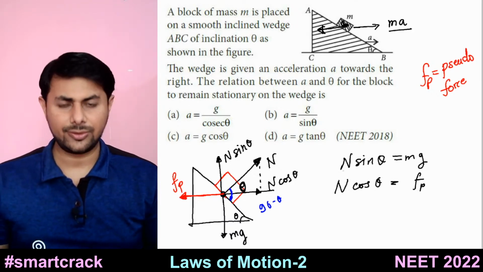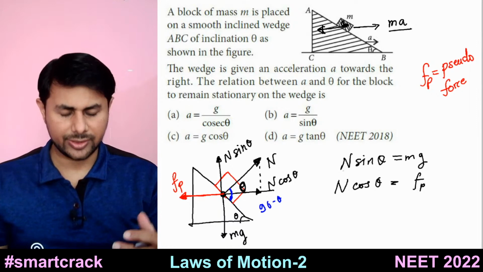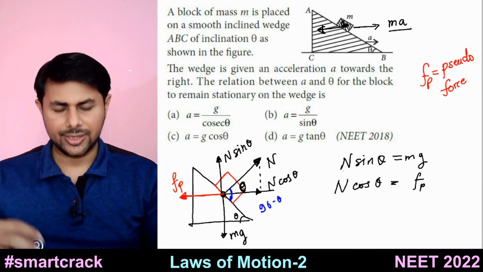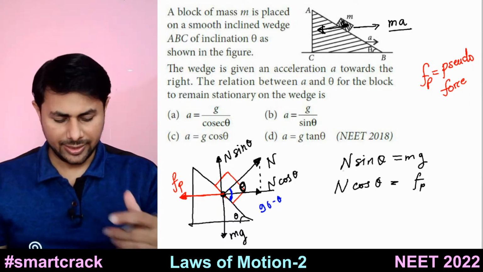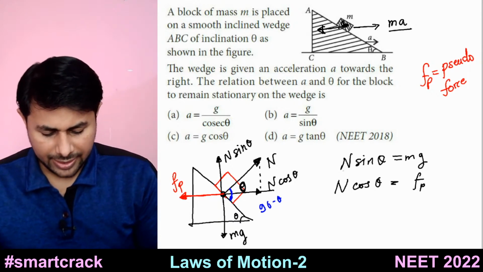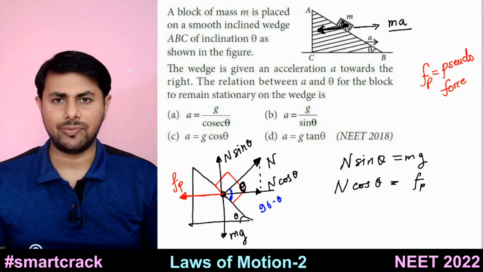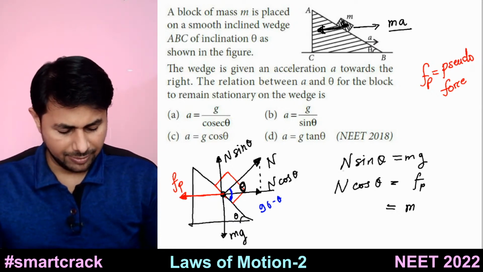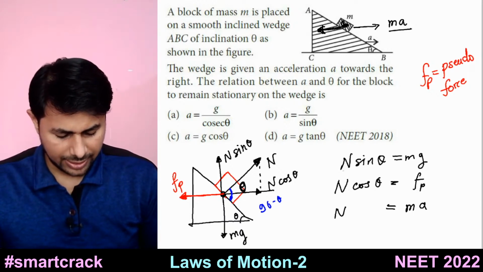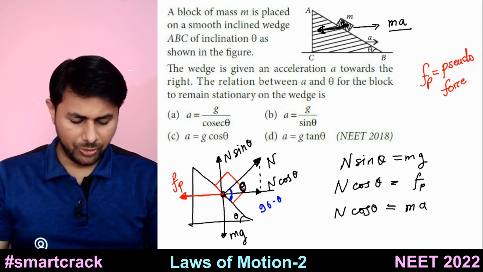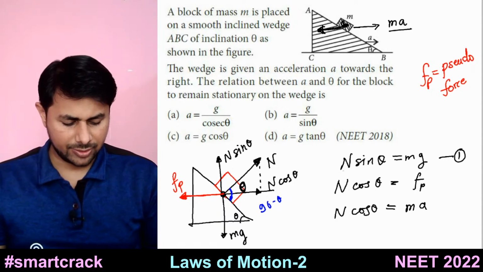The pseudo force acts in opposite direction, but its magnitude will be equal, so it is m times a. That's N cos theta.